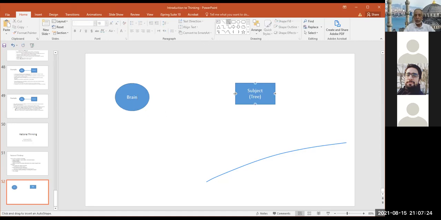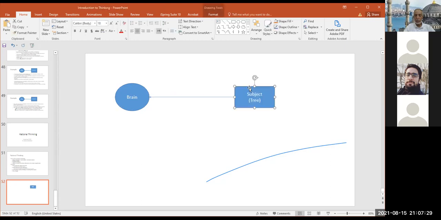I transfer this through my sight, which means I was able to see the tree.